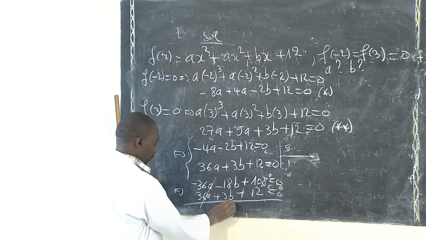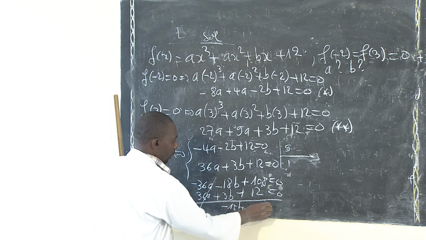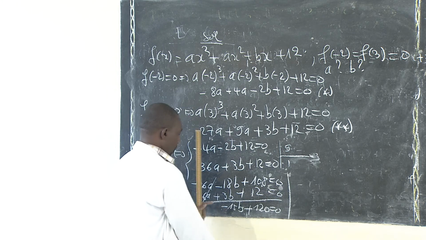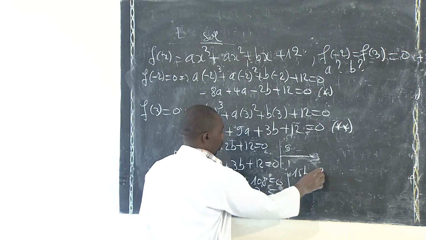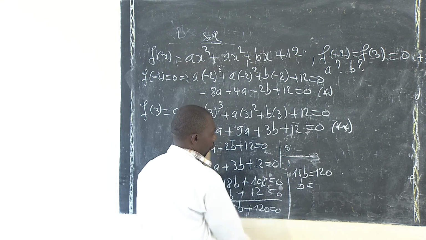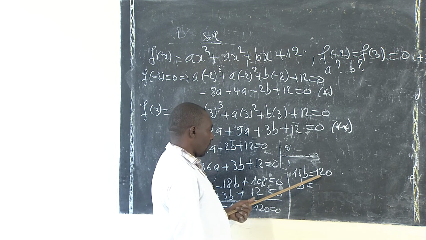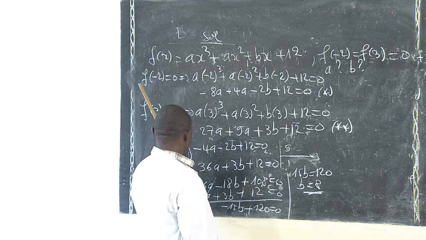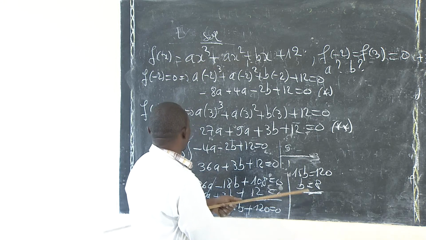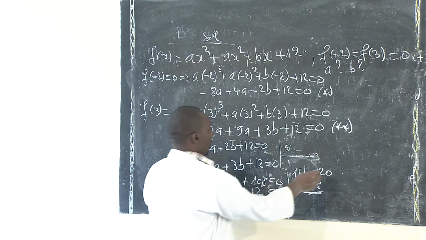We have minus 15b plus 120 equals 0. It means 15b equals 120. Then b, if we divide by 15, is equal to 8. Then b equals 8.